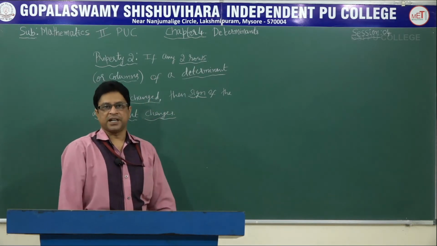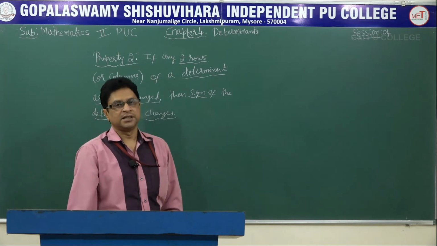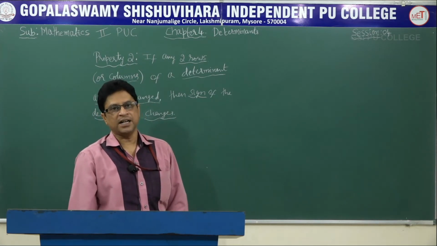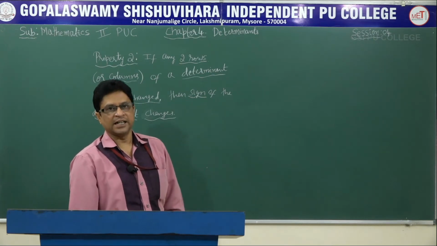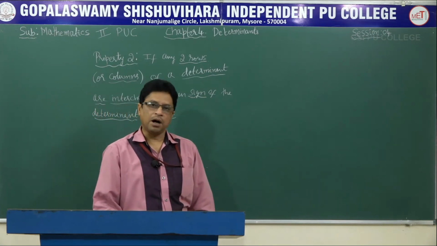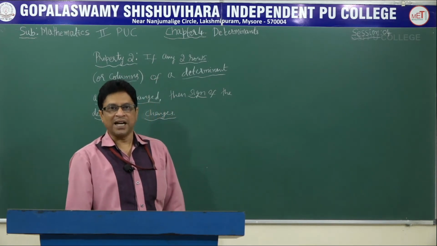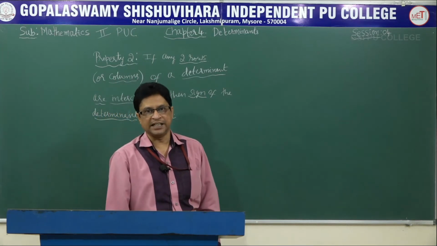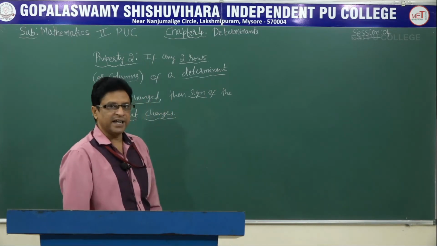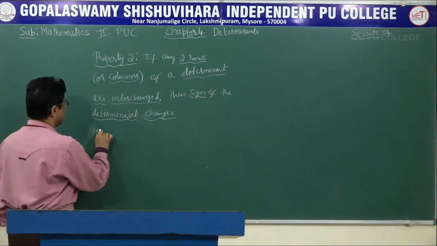See, in the first property we have proved that if all the rows and columns are interchanged, then the value of the determinant will not change. In the second property, we will verify that if any two rows or two columns are interchanged, then the value of the determinant changes by sign only. So let us verify it.